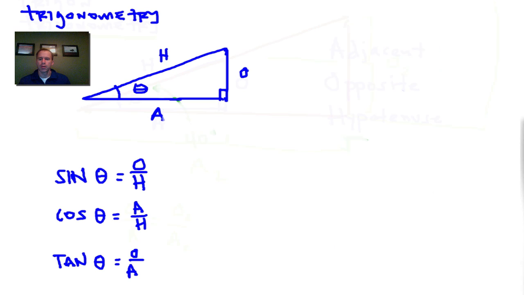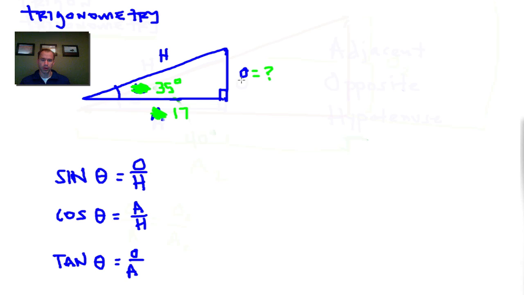Okay? So the power of trig really comes in when you can take advantage of knowing these ratios to find unknown sides. So let's say that I had a triangle, and the angle in here was 35 degrees, and I knew that this side had a length of 17, and I want to know how long is that side. I don't know how long it is, but I know that there's a ratio that relates these two sides.